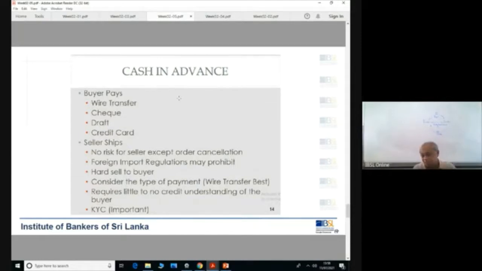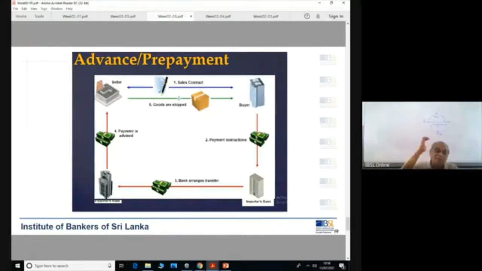So KYC is important for you to take the decision. Now, the advance payment slides I have given explain the cycle of advance payment. Go one by one, step by step, try to understand and ask me questions.